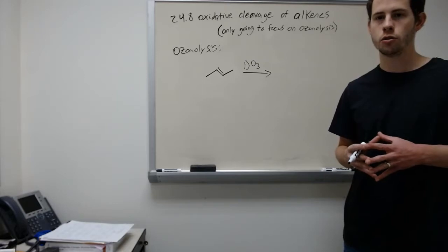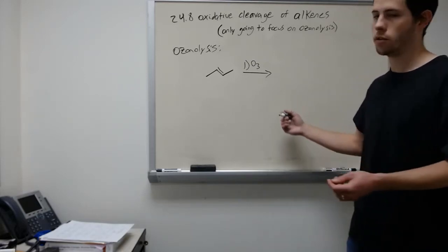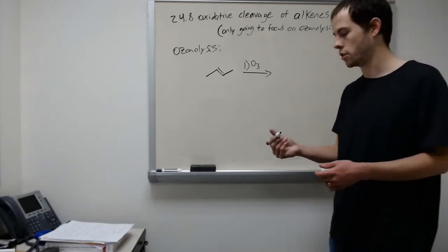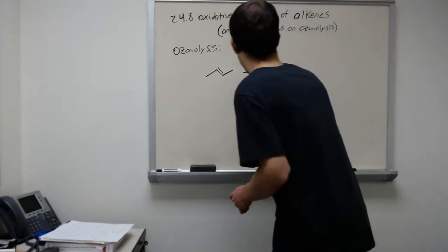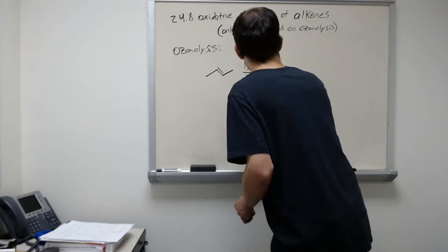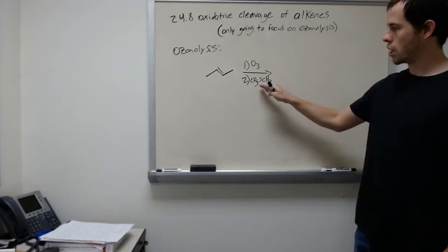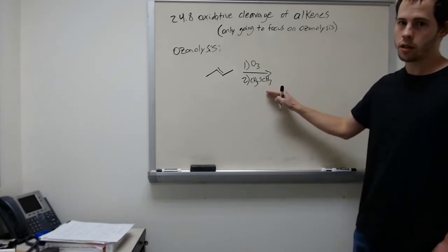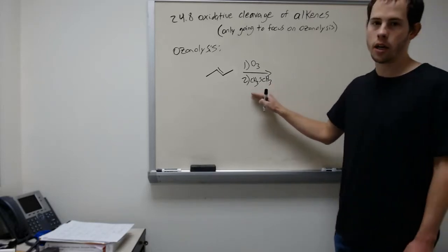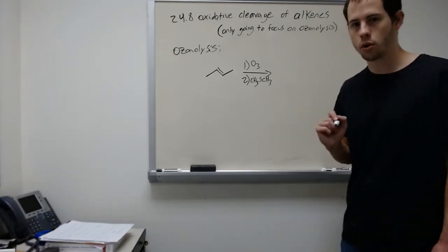So we have to treat that ozonide with some other reagent to get the final outcome of our reaction. One thing that we can use is dimethyl sulfide, CH3SCH3. This is what we call a reducing agent, and so we're going to end up with aldehyde products.